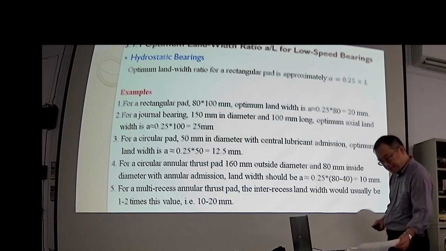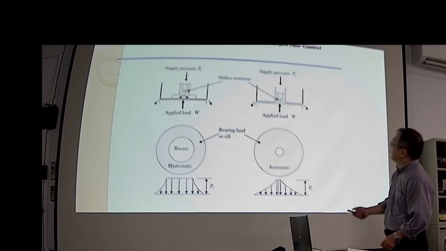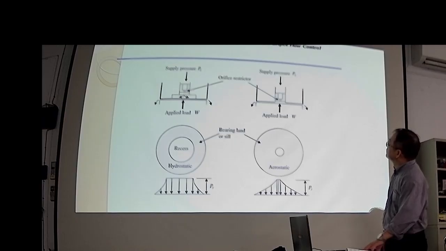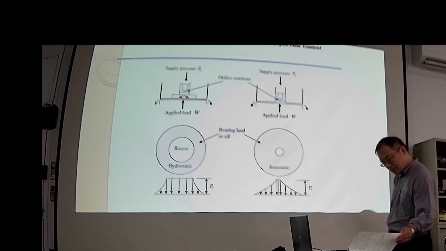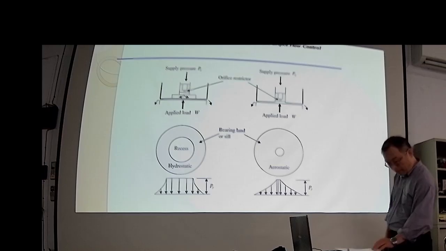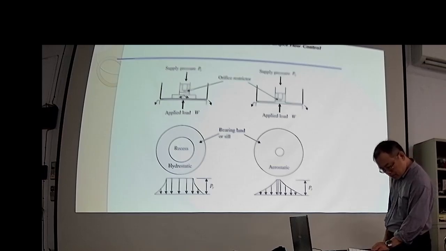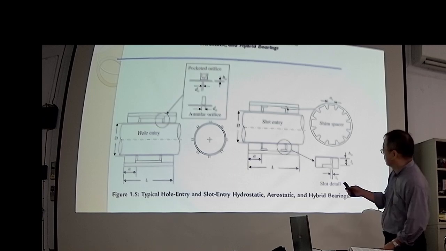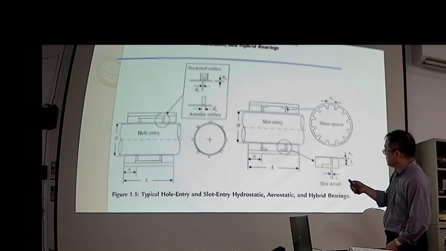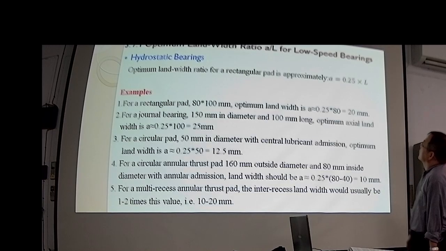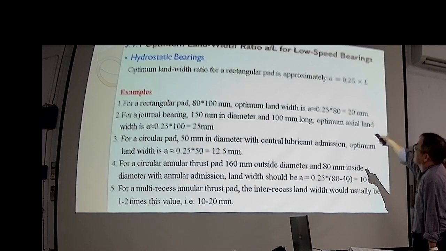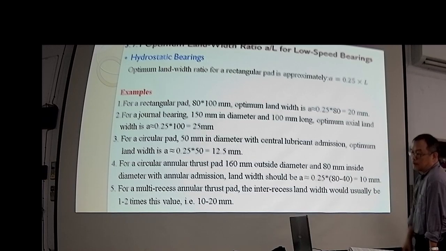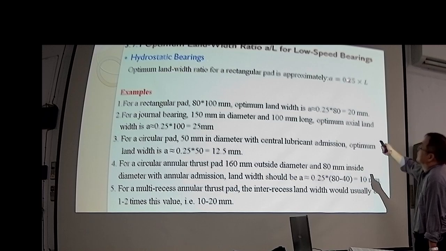So we have an example for this here. The land A, the land 外边的宽度跟它的长度是0.2。Yeah.